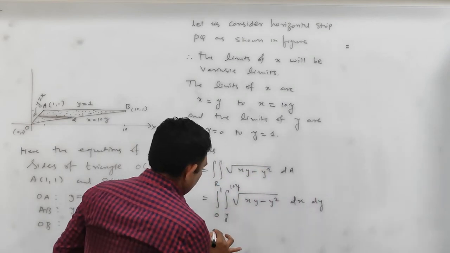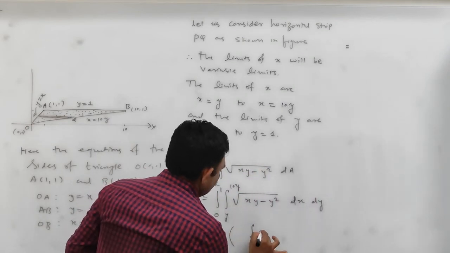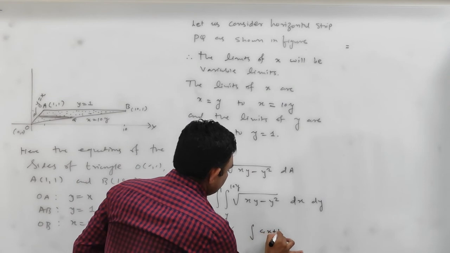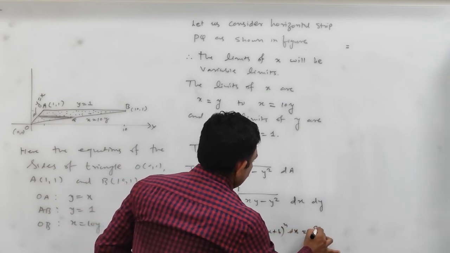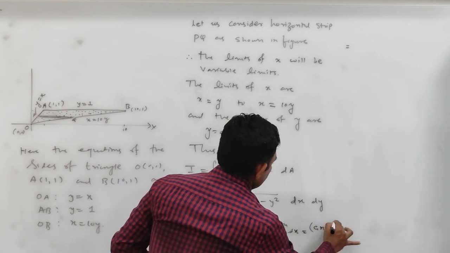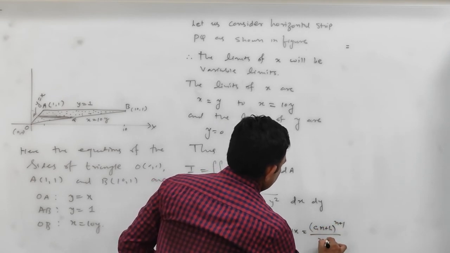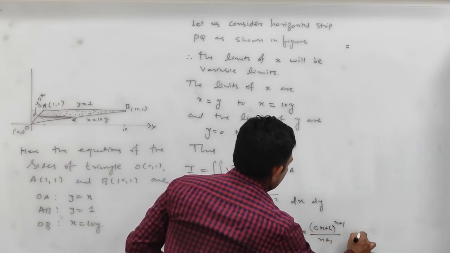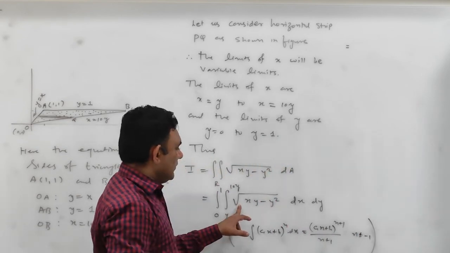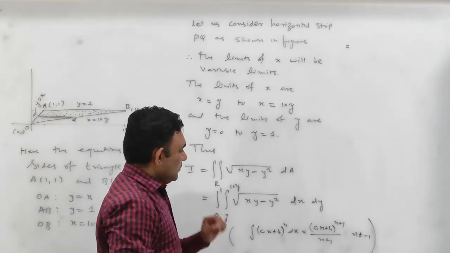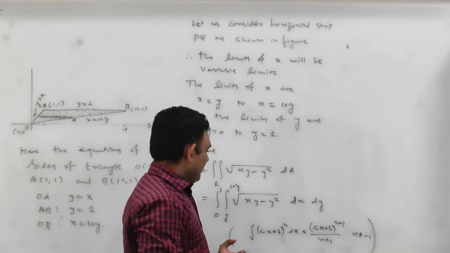Let me recall that formula. Integration of (ax plus b) raised to n dx will be (ax plus b) raised to n plus 1 by n plus 1, if n is not equal to minus 1. And here n is equal to 1 by 2, so you use this formula.